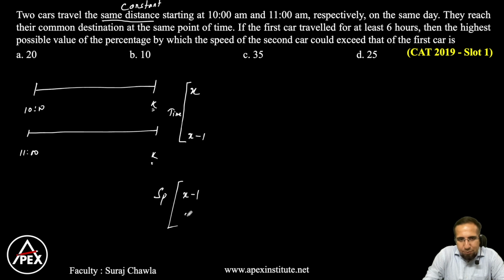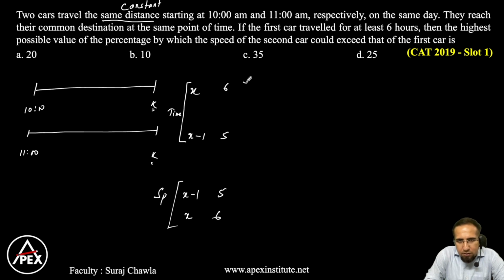So, speeds become x minus 1 and x. Okay, if first car traveled for at least 6 hours, then the highest possible value of percentage by which the speed of second car could exceed the speed of first car. Now, let's see. If this is 6, then this is 5. That means the ratio of speeds becomes 5/6.